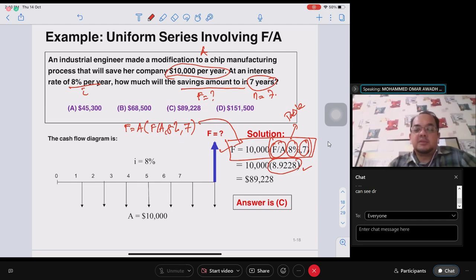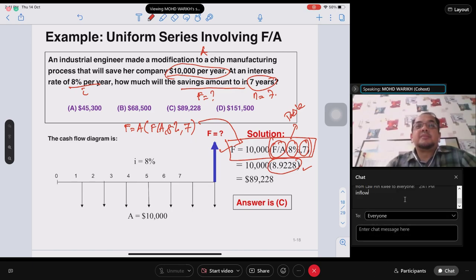Inflow. So is it up or down? It should be down, outflow. Oh, up, okay, inflow.